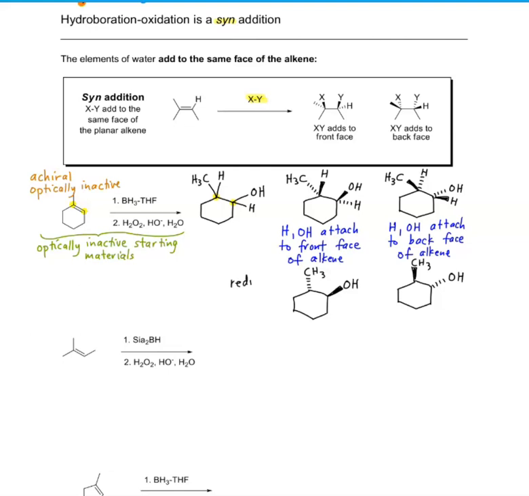These are redrawn without the H's. Now, when you compare the two products to one another, what you notice is that they have the same connectivity, the spatial arrangement is different, and so when you push on this a little bit more, what you're going to find is that these are enantiomers.